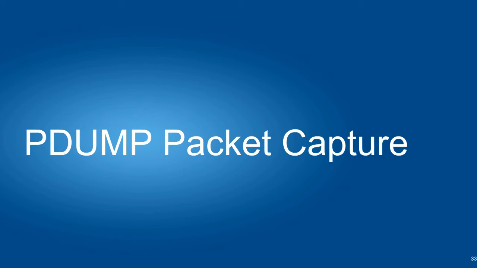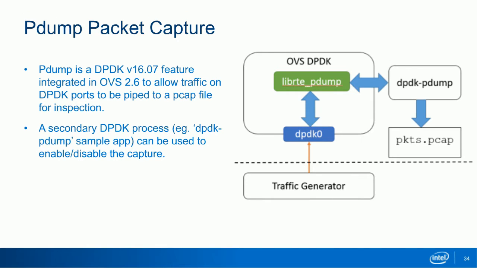The next feature we look at pretty quickly is the pdump packet capture. The pdump library was introduced in DPDK 16.07 to allow users of DPDK-based applications like OVS with DPDK to monitor traffic passing on DPDK devices.